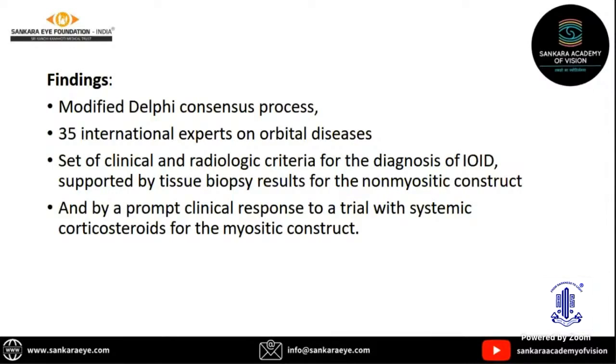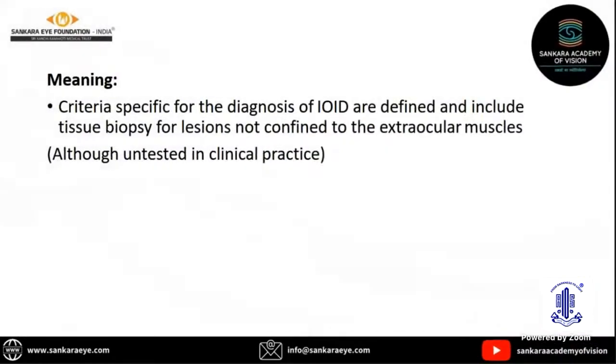They came up with a set of clinical and radiological criteria for the diagnosis of IOID, supported by tissue biopsy for the non-myocytic construct, and by a prompt clinical response to a trial of systemic steroids for the myocytic construct, which basically means that they've now classified orbital IOID as either myocytic, that is involving the muscle, or non-myocytic, which involves the other structures.